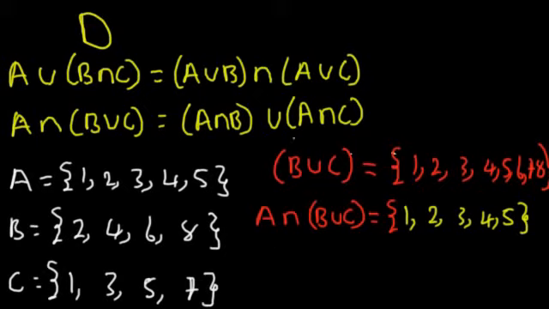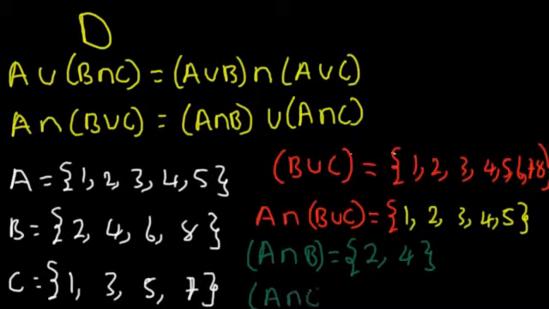Let's find A intersection B first. What is the value of A intersection B? What are the elements in it? This is A, this is B. So we have 2 to be common and 4 to be common. So we have 2 and 4. That's for A intersection B. What about A intersection C?